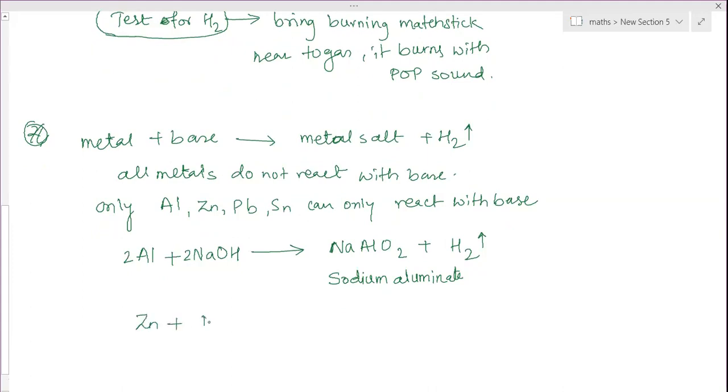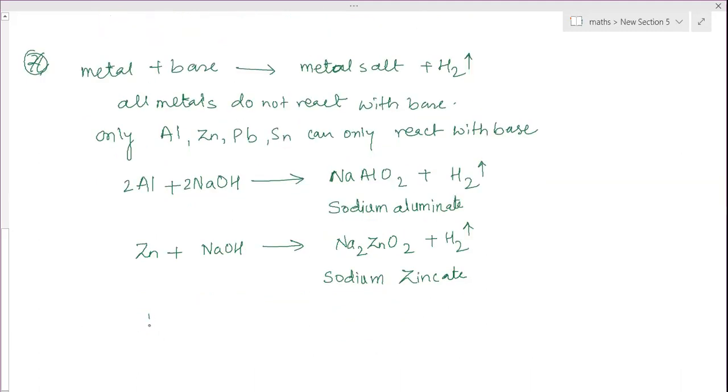Then zinc combines with sodium hydroxide, which produces sodium zincate, Na2ZnO2 plus hydrogen gas. So this is sodium zincate. Lead also reacts. These reactions are not in the textbook; only this reaction is in the textbook.